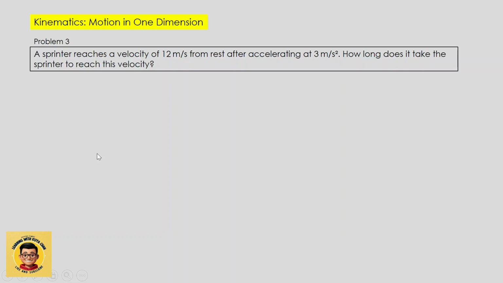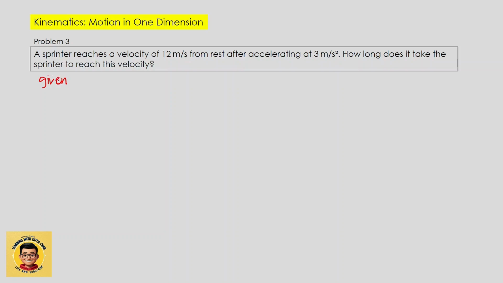Problem number 3. A sprinter reaches a velocity of 12 meters per second from rest after accelerating at 3 meters per second squared. How long does it take the sprinter to reach this velocity? So to solve, we must first start by identifying the given values.